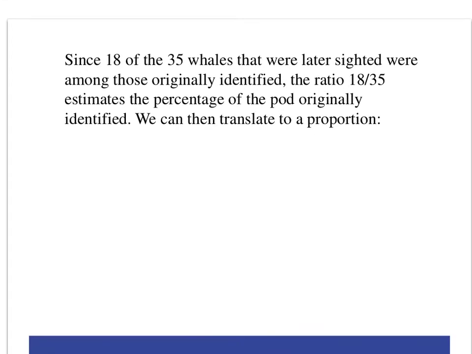I'm going to say 18 out of 35 was the original, equals, we came up with 50. So we're trying to see how many are in an entire pod. So I'm going to say W. Okay. So we're going to do 18W equals 35 times 50.